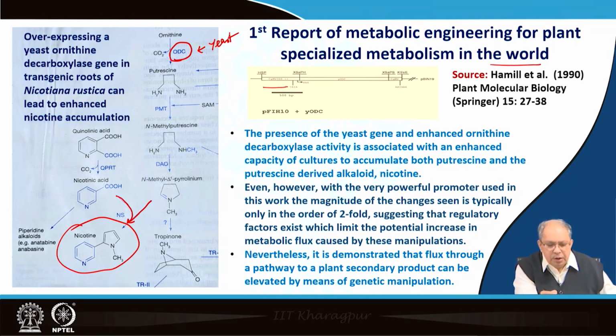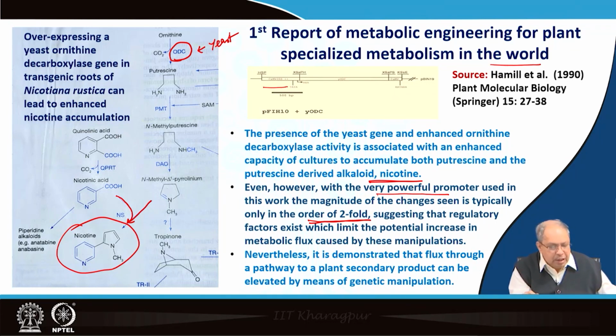When they used this enhancer sequence, they found that these cultures were capable of accumulating nicotine. That is a positive result, but the frustrating point at that time was that even though they used a very powerful promoter and an enhancer sequence, the increase was only of the order of twofold. They thought there would be a havoc increase in the content of nicotine, but that did not happen.